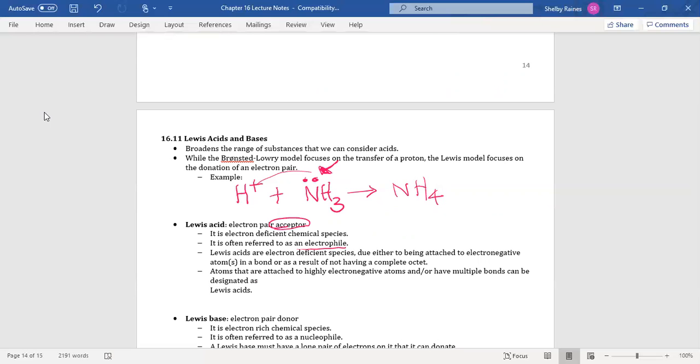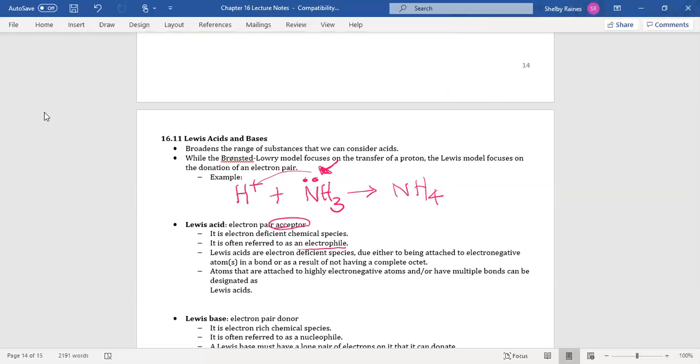And I've kind of already mentioned this. Lewis acids are electron deficient species due to either being attached to an electronegative atom in a bond or as a result of having an incomplete octet.